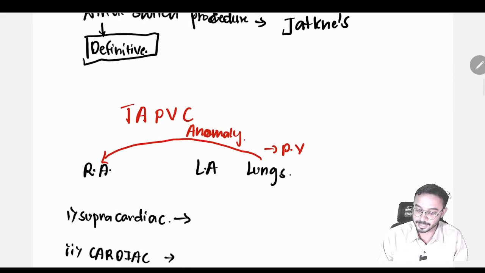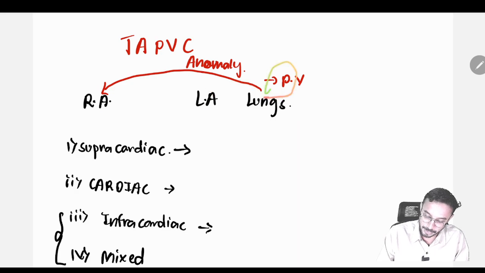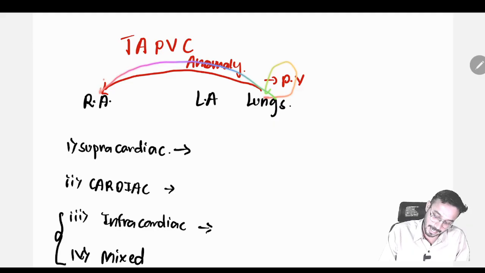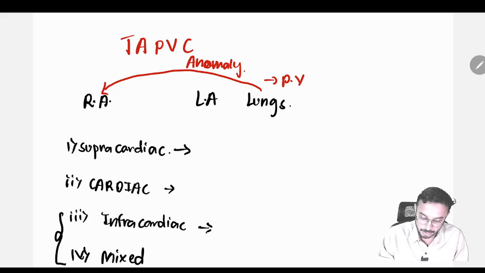Okay, so next condition is TAPVC. In this TAPVC, normally we know the pulmonary veins send blood to the left atrium, but in this condition the pulmonary veins are sending blood to the right atrium. This is known as TAPVC. Okay, so the most common TAPVC is supracardiac TAPVC.